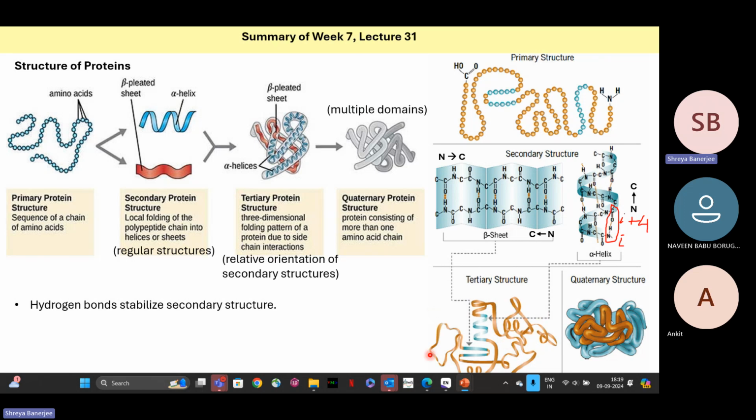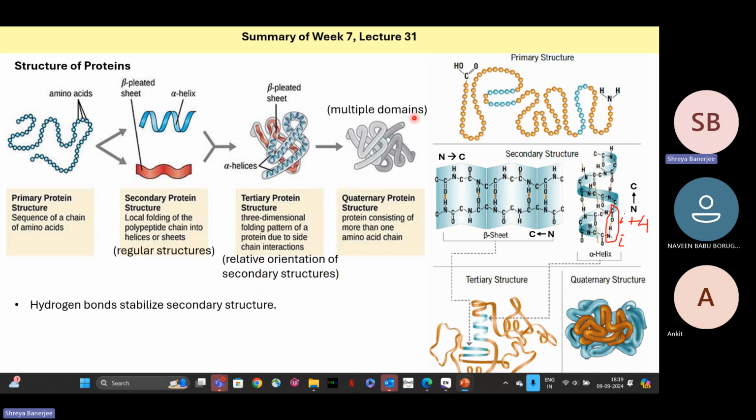But the entire three-dimensional structure is said to be a tertiary structure. Here there can be many other interactions like van der Waals interactions, hydrophobic and pi-pi interactions, and so on. So secondary structures are just the regular parts of the tertiary structure. But the tertiary structure as a whole does not have any regularity, and it is the entire three-dimensional structure of a protein. You can think of it as the relative orientation of different secondary structures.